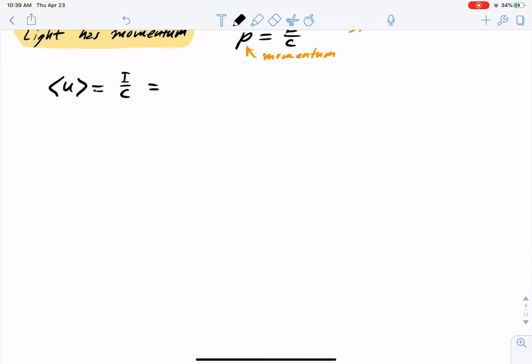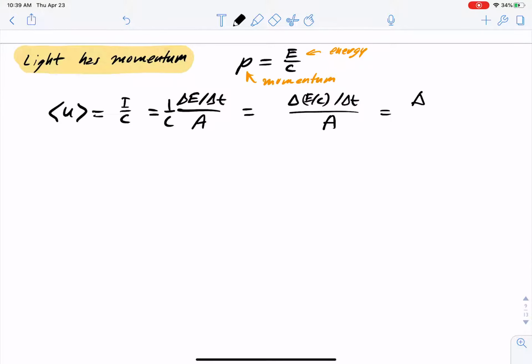Let's write out what the intensity was again: the energy per time divided by the area, and we keep that one over c. Now using our result that the momentum is the energy divided by the speed of light, we can see that this is just the rate of change of the momentum with time divided by the area.